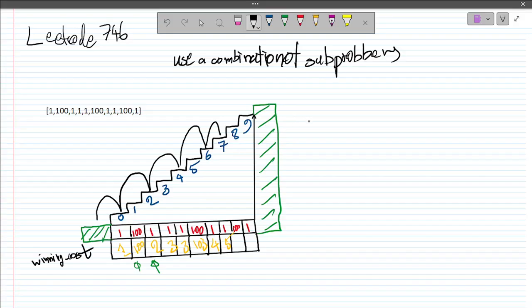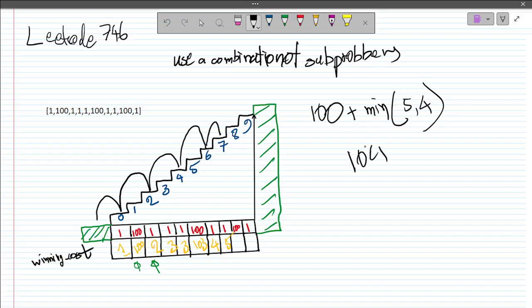At step eight, we're going to skip that definitely, but let's go through the process. At step eight, the base cost is 100, so that's very expensive. And then the minimum of the steps before, so those are five and four. So five versus four, the best case is I have 104.